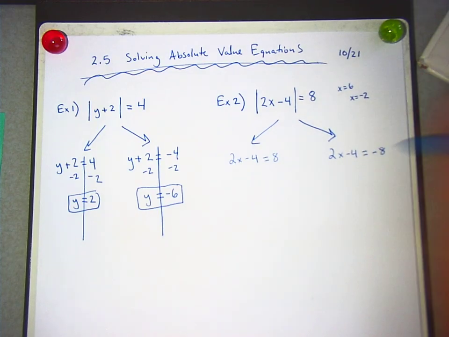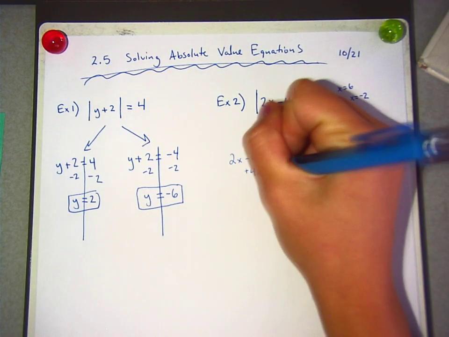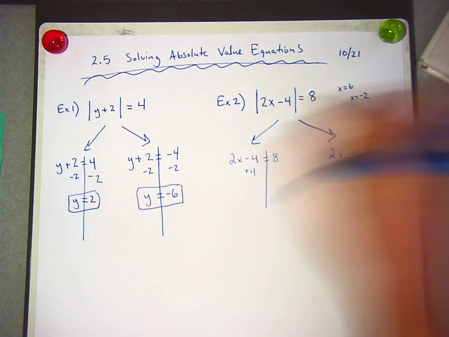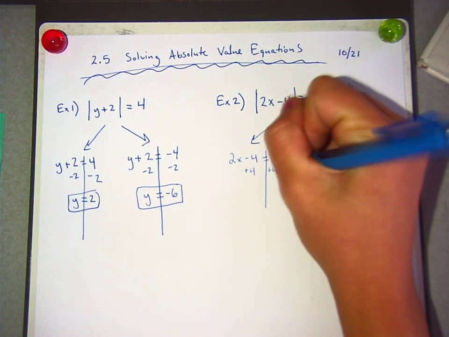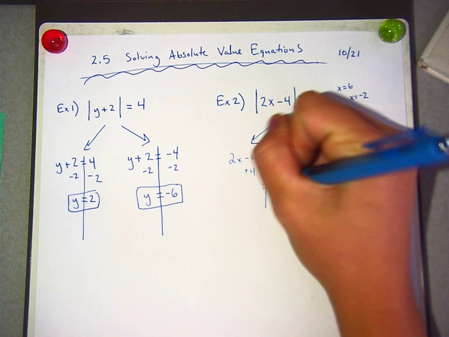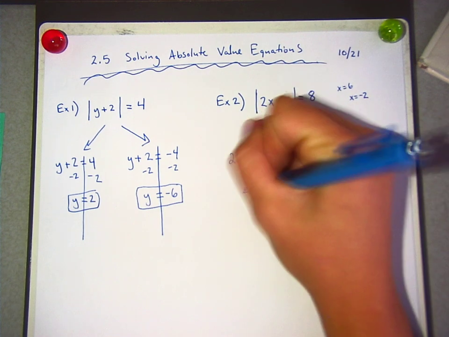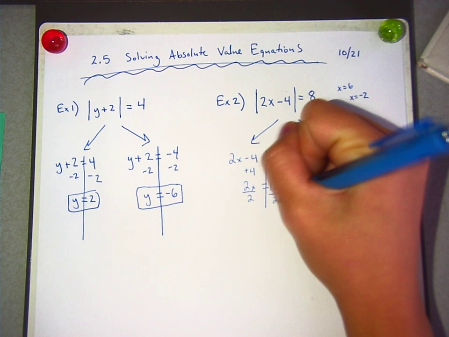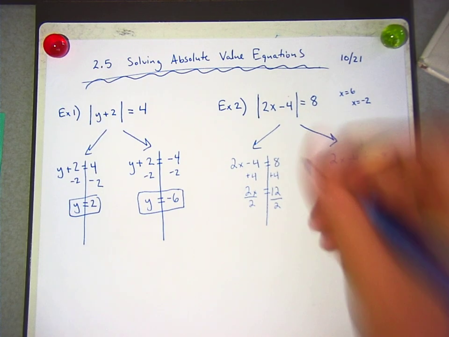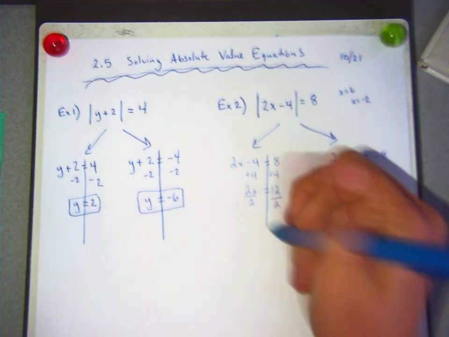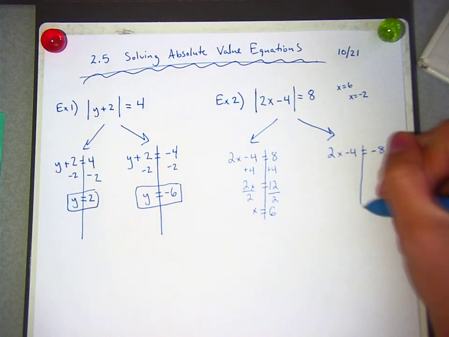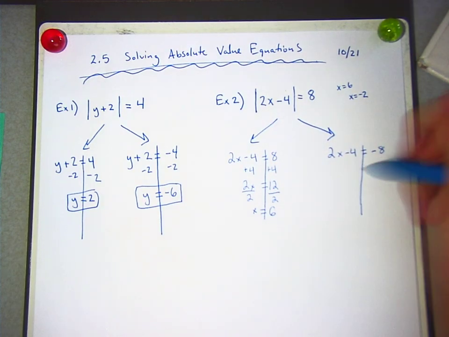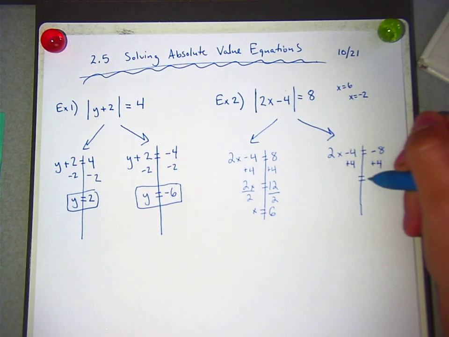Okay, so first, since it's absolute value, you split the problem in 2, and one stays the normal equation, and then the one on the right, you turn the 8 negative, and then draw the lines, and then you do +4 on each side, which gives you 2x equals 12, and then you divide that by 2, and you get x equals 6.